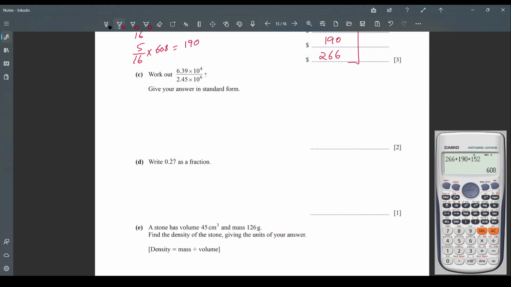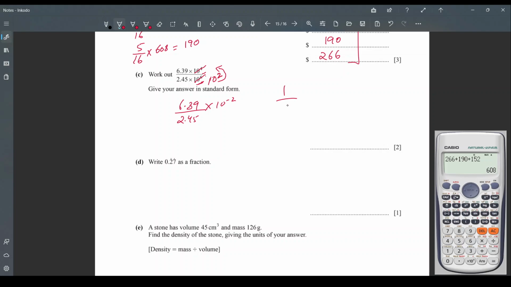So you know that here we have 4 zeros on top and on the bottom we have 6 zeros. If you cancel out, 4 zeros can be cancelled from the bottom and the remaining will be 10 raised to the power 2 over the bottom. And if I move this 10 to the power 2 to the top, it will have a negative sign. So finally we'll get 6.39 times 10 raised to the power minus 2 divided by 2.45.